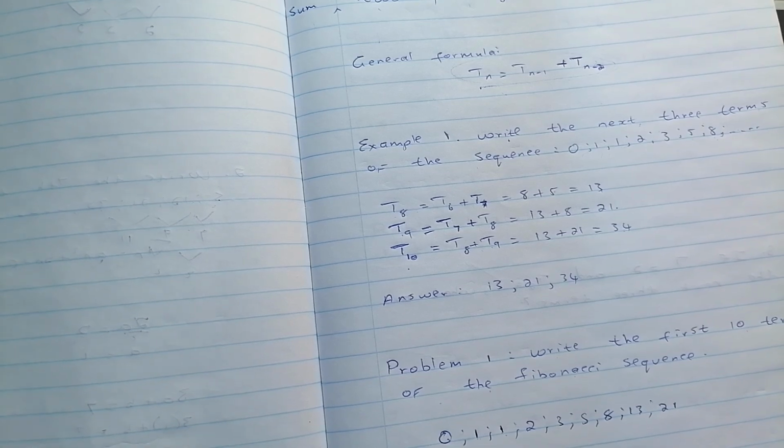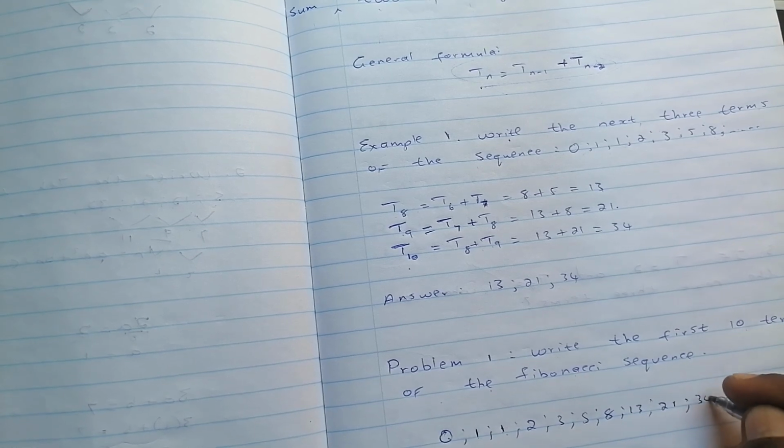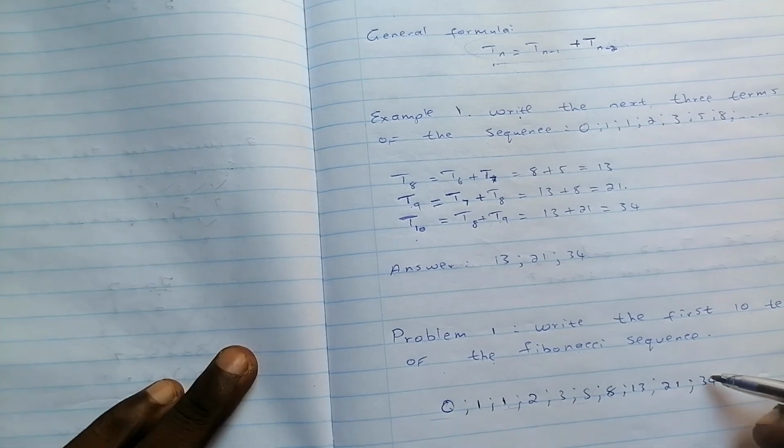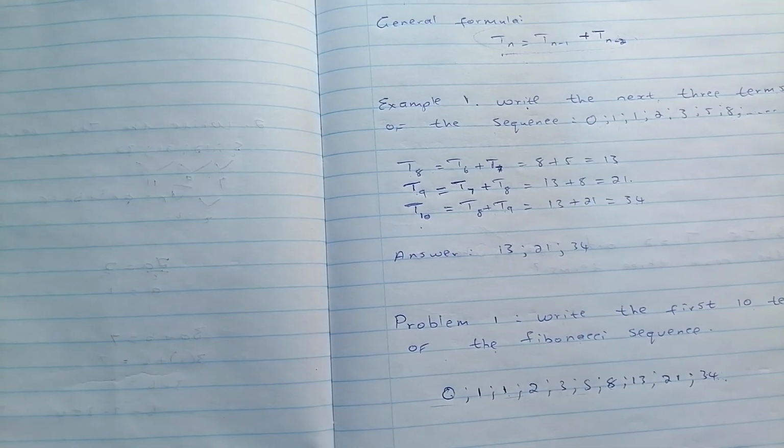Let me see. 8 plus 13, yeah, that's 21. 21 plus 13, that's 34. Okay, 2, 4, 6, 8, 10. This is the first 10 terms of a Fibonacci sequence. This is how you write them. Exactly like this.